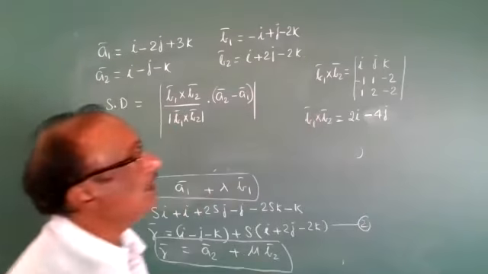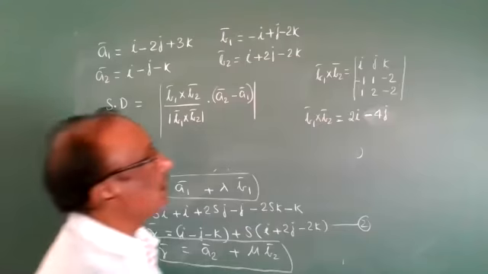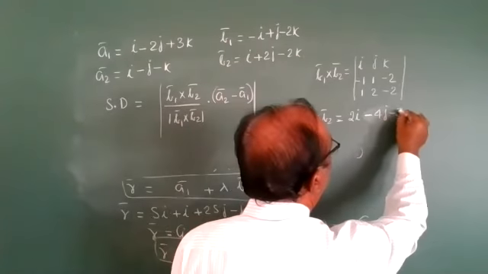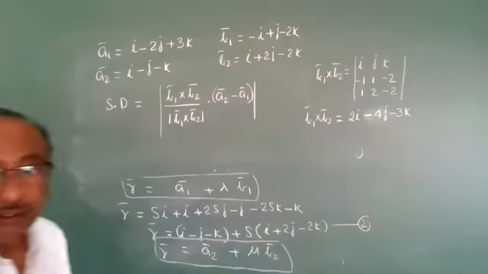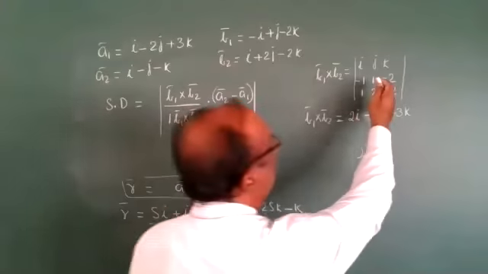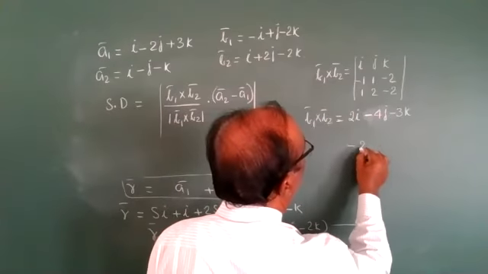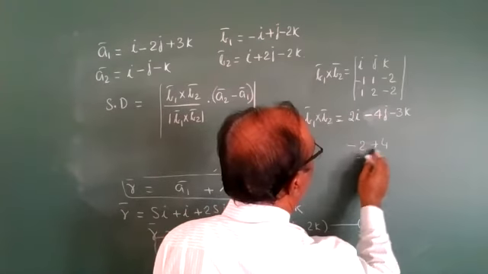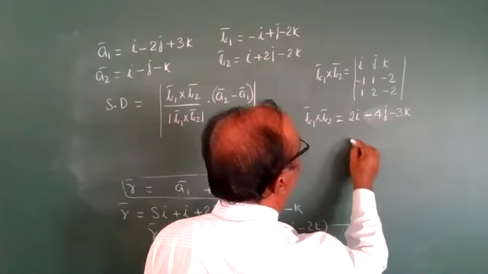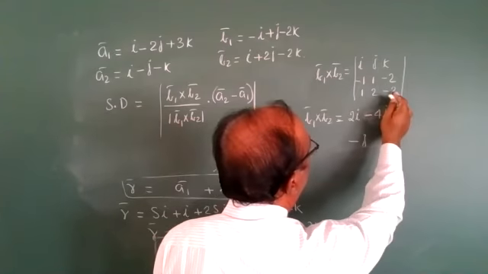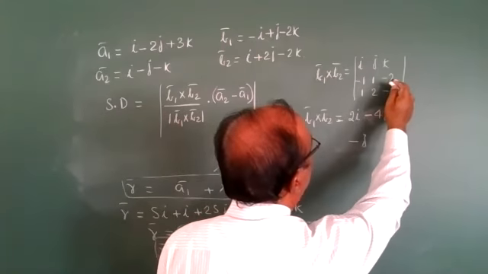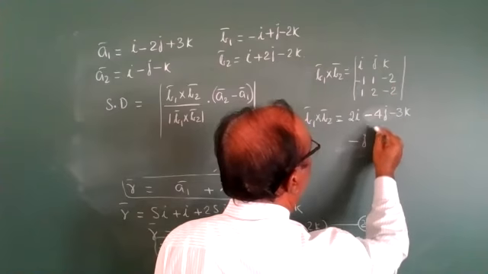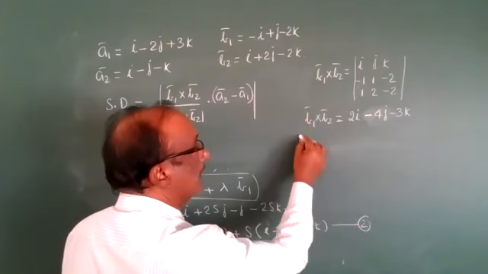Next, the k value is -2 minus 1, minus 3k. One more check, everyone: the i value is -2 plus 4, 2i is correct. So B1 cross B2 bar is 2i minus 4j minus 3k.